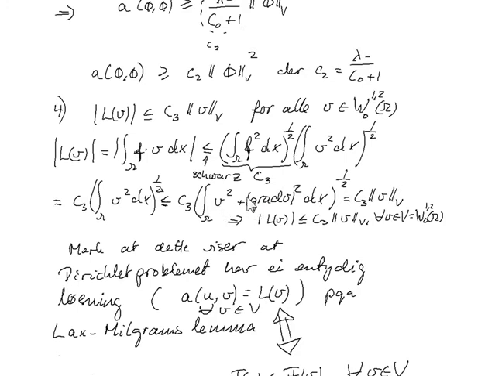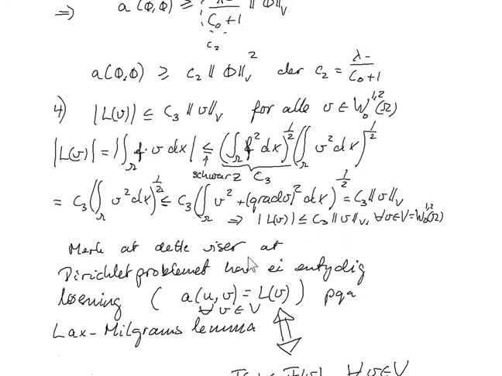And now we are in a position to see that we have proven this inequality, because the square root of this is, in fact, the norm of v. So now we have proven that the absolute value of L of v is less than this new constant C3, defined by this integral, multiplied with the norm of v. So then we have proven also this property 4.